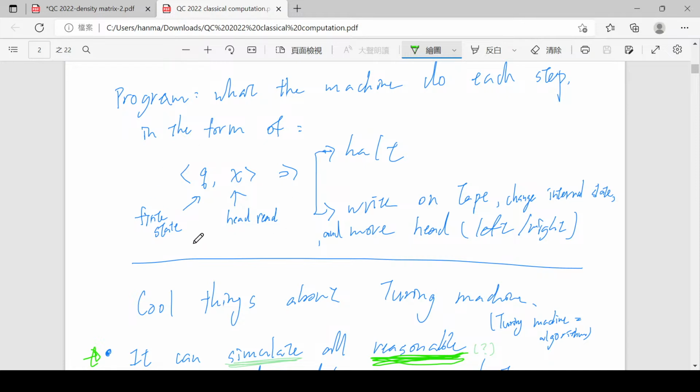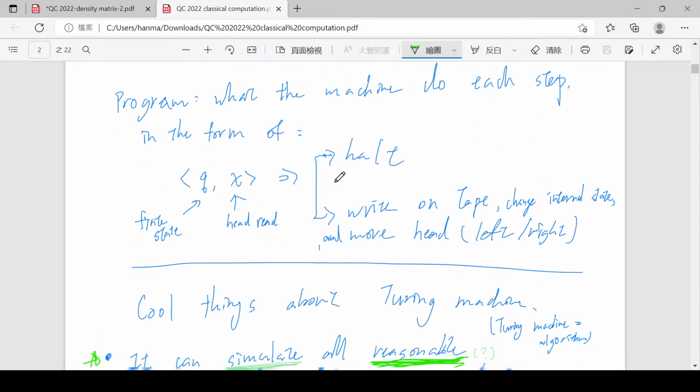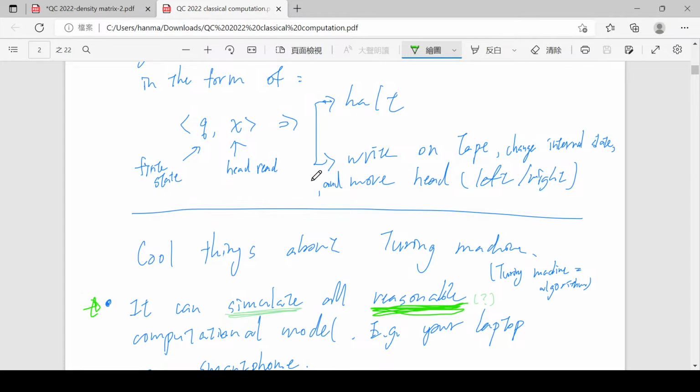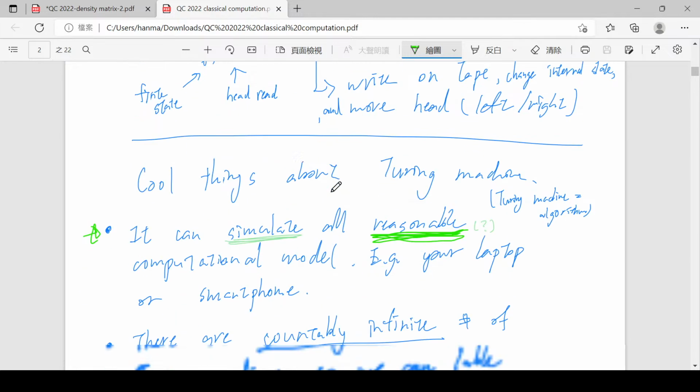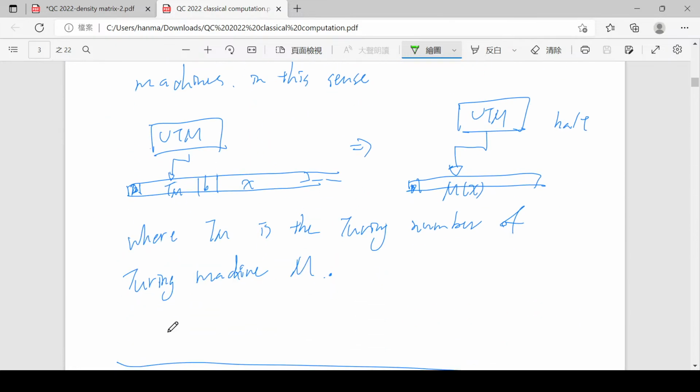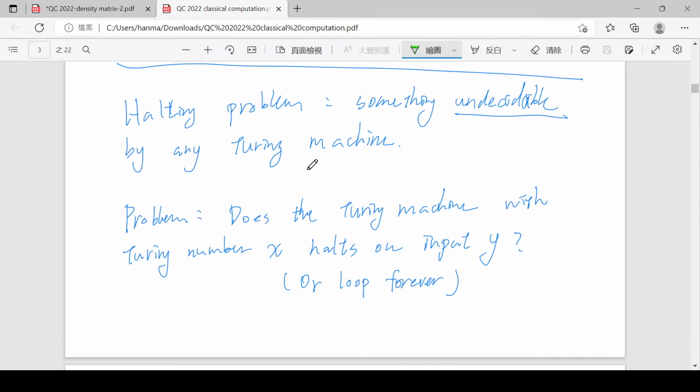But if you feed it some input, it might actually never hit that. So when you run your Turing machine on some tape, there are always two possibilities: either it halts at some point, or it will just run infinitely, just keep running around and do whatever.